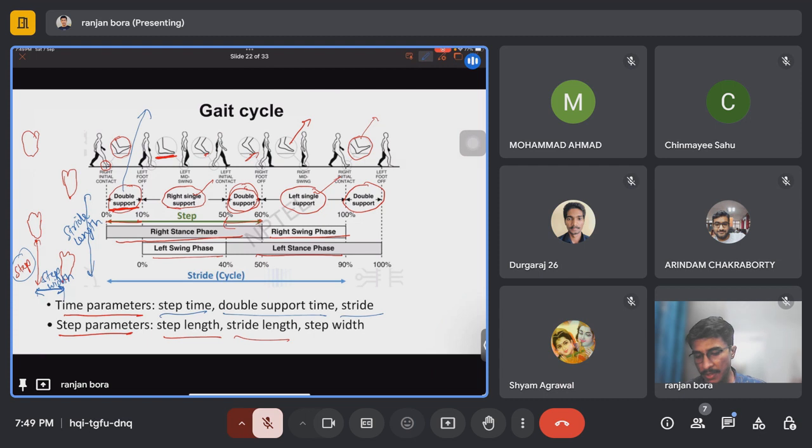And stride time is the time for one complete stride. All these concepts are there in the week 3 videos, so you can go through them.